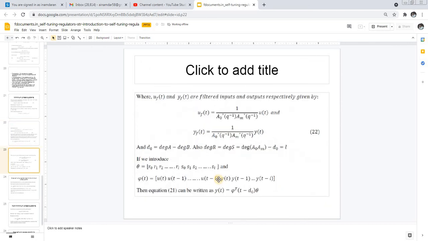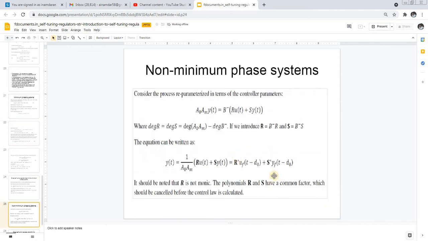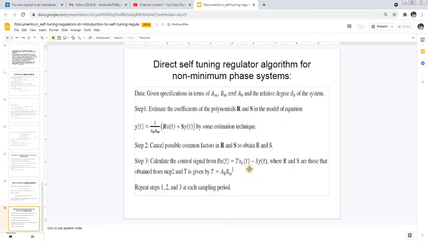After introducing equation number 21, it should be noted that R is not monic. The polynomials R and S may have a common factor, which should be cancelled before the control law is calculated.